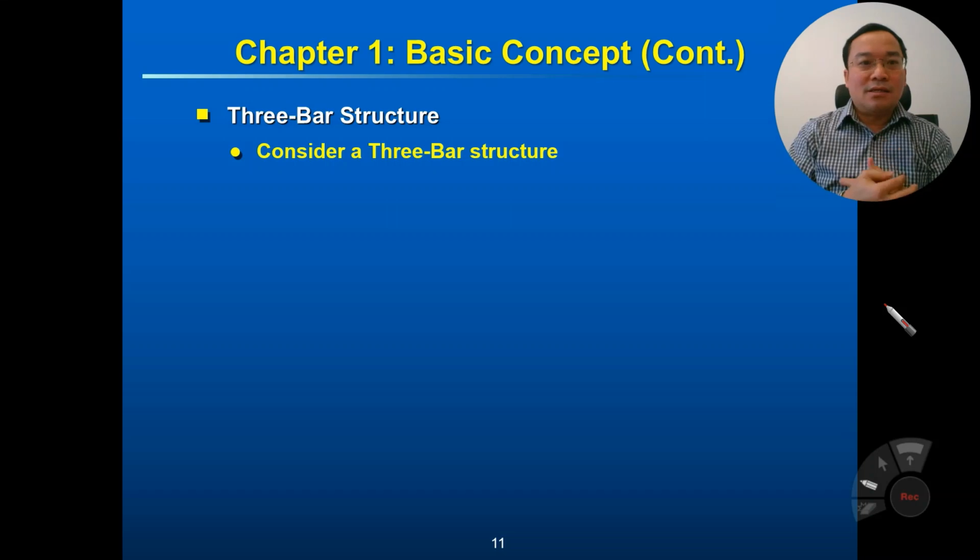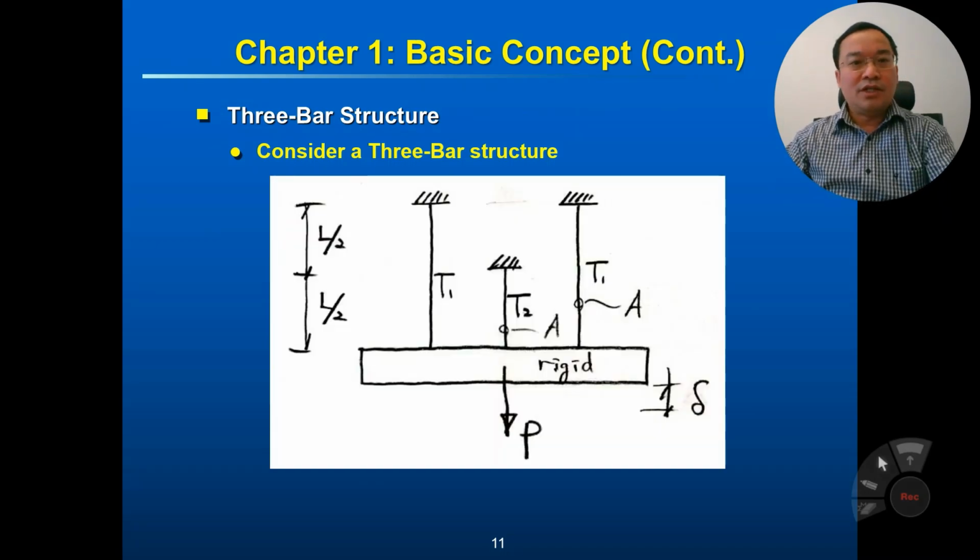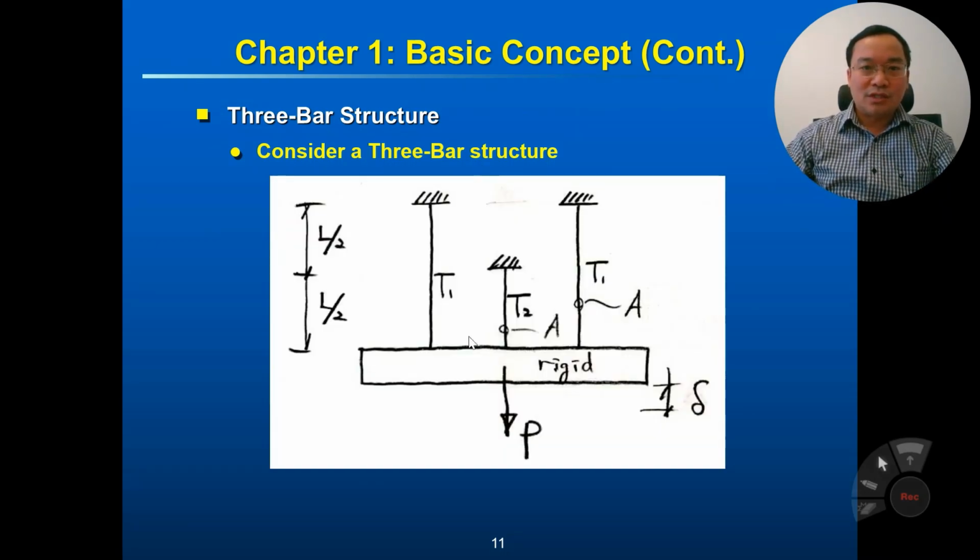The last example is a 3-bar structure. Now we consider a 3-bar structure like this. This is a rigid bar, held by 3 bars.